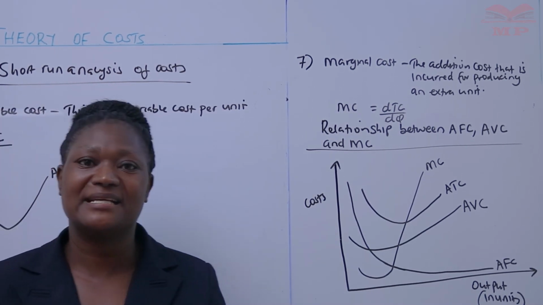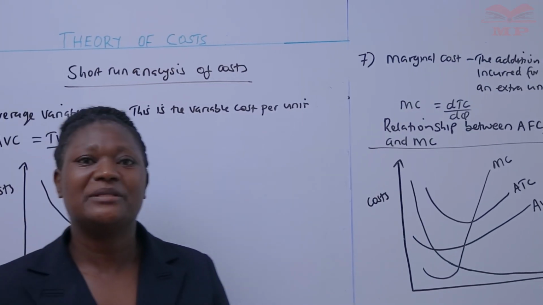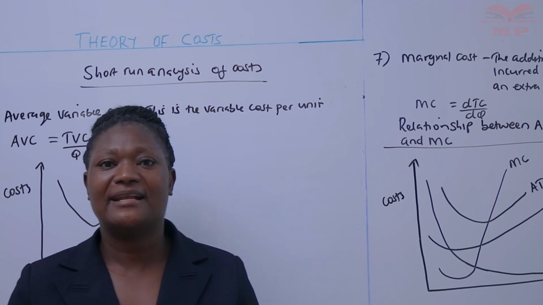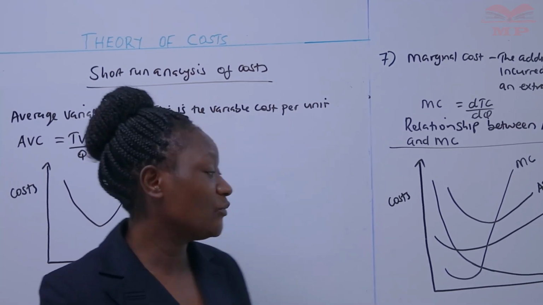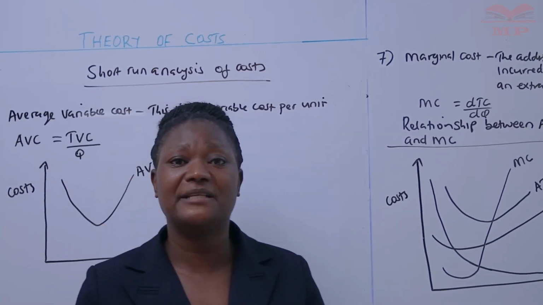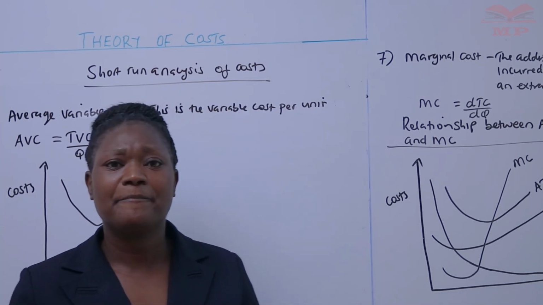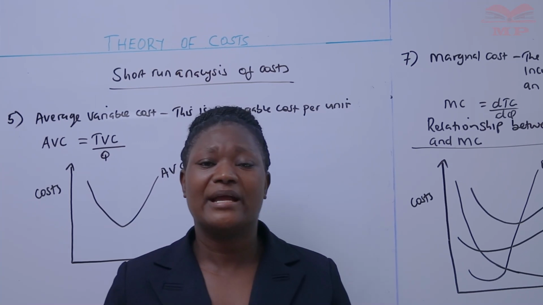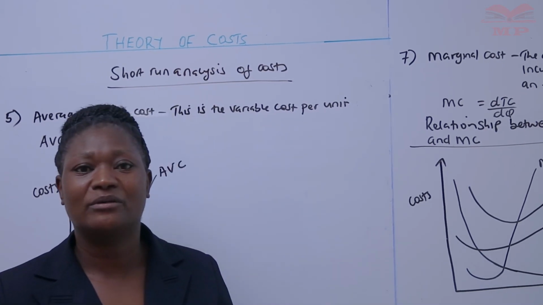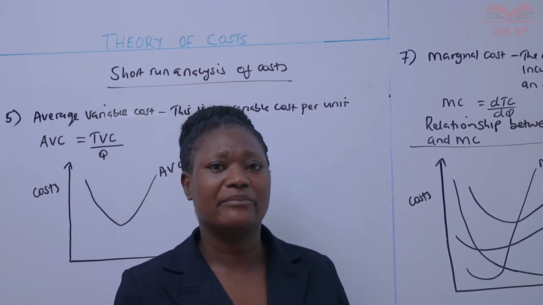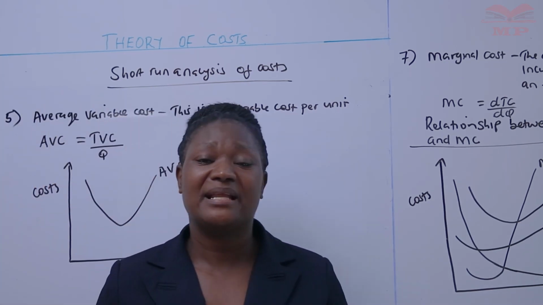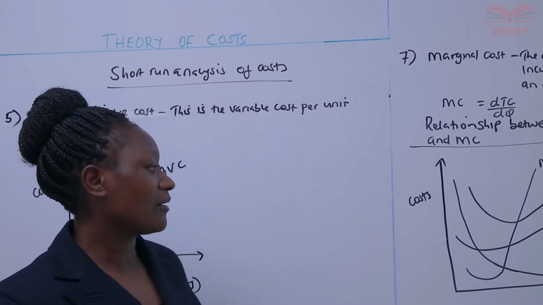And that brings us to the end of short-run analysis. Just to give a summary, short-run analysis is a period where at least one factor must be fixed and the other must be varied. The costs associated with the short run are the fixed cost, the variable cost, and the total cost. Be able to explain, backing up your explanation with the graphs required.